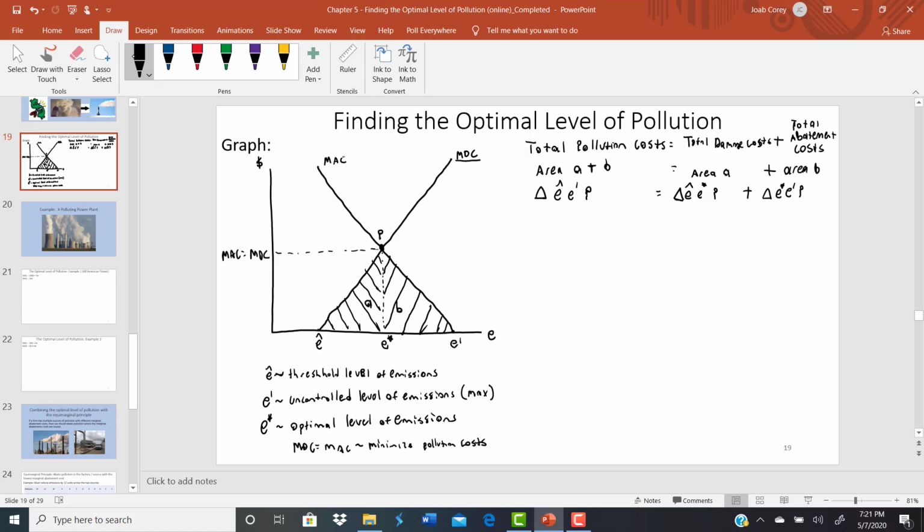Like what if we are at a number of emissions that is too high? So let's say that we're operating here at EH. And EH is just, again, a number of emissions that is higher than our optimal amount of emissions, right? So what happens at EH?